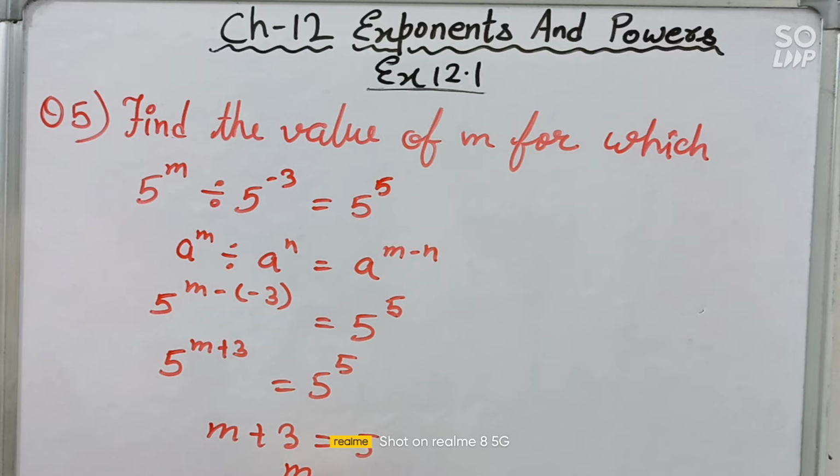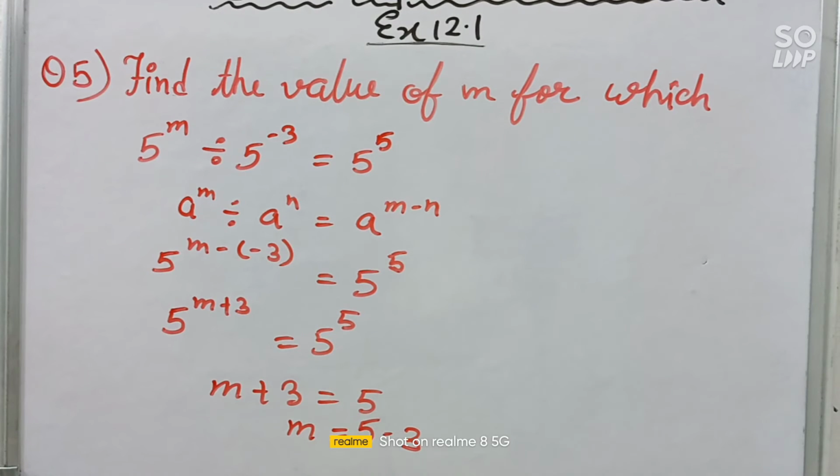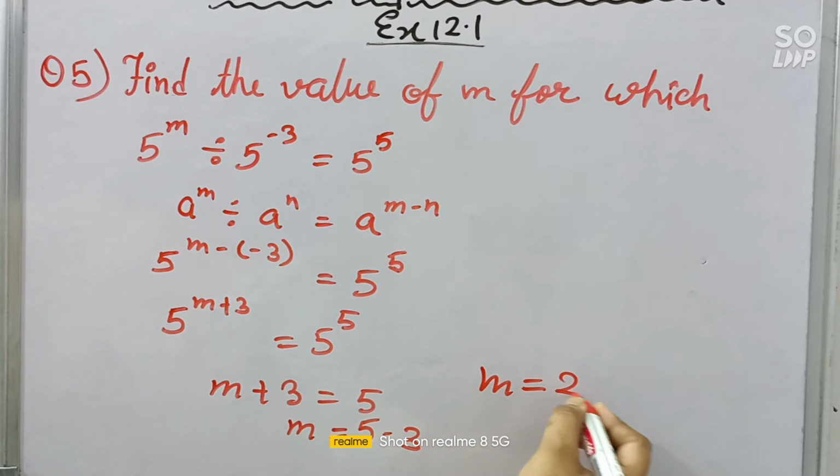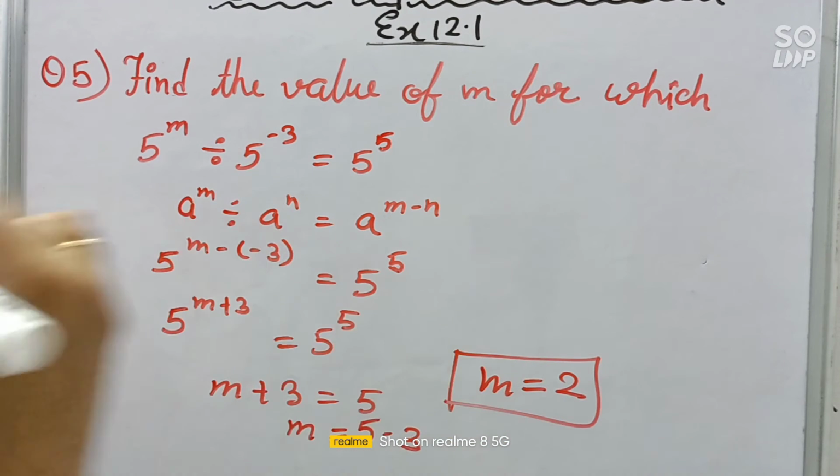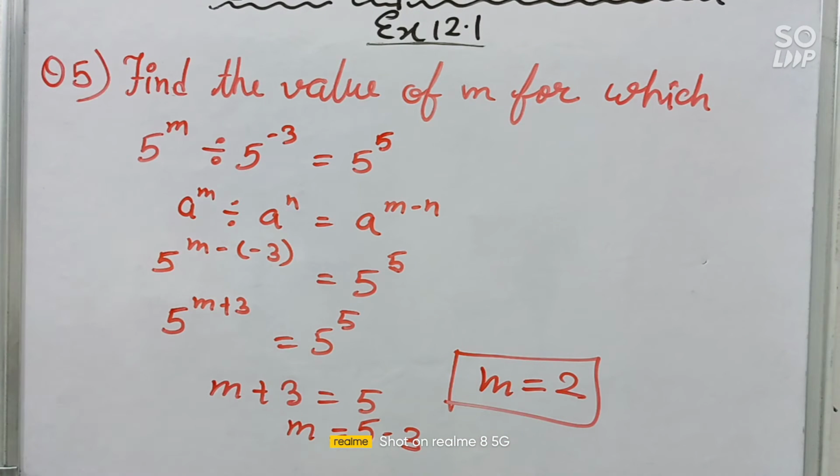Now we will solve it. m equal to 5, transpose this 3 to RHS, it becomes minus 3. Now after solving this 5 minus 3, we will get m equals to 2. So value for m is 2.